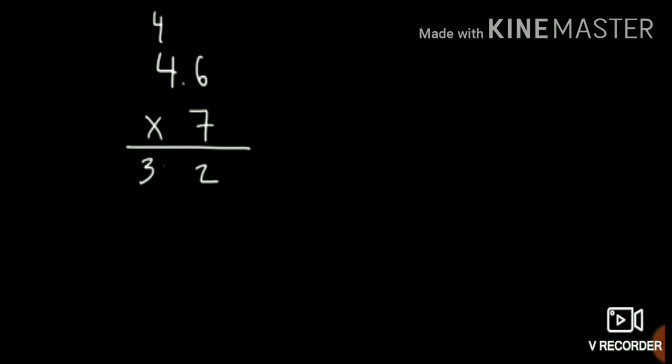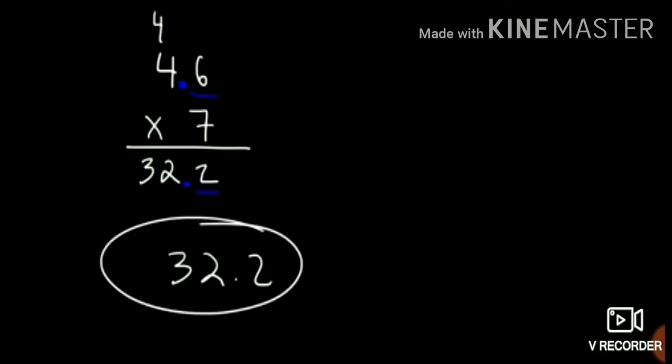So this is 32. How do you put the decimal point? There is one digit after the decimal point, so you have to put it here. You count the digits on the right side; the digit should be only one.